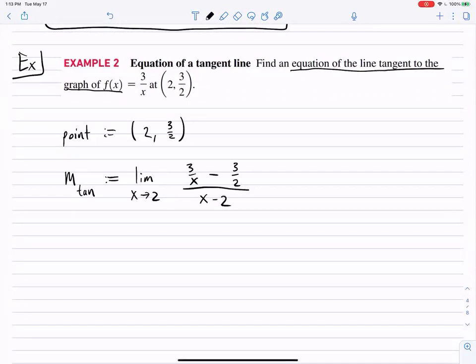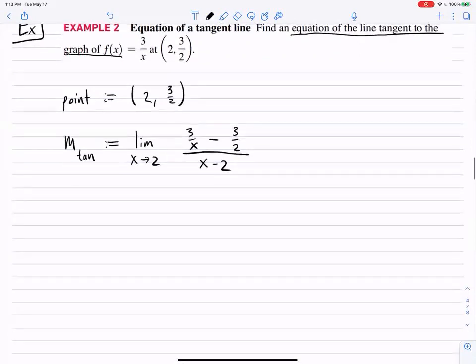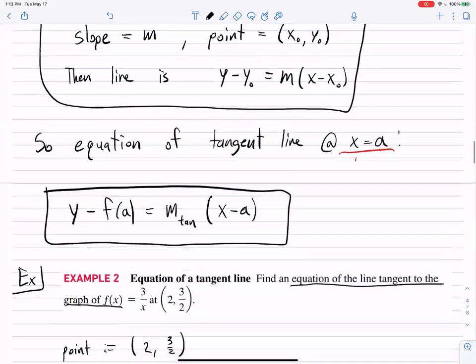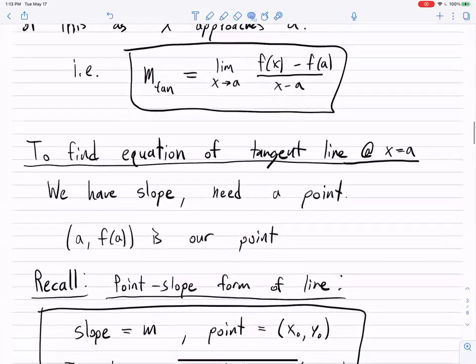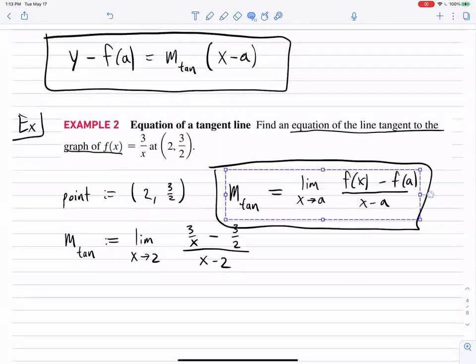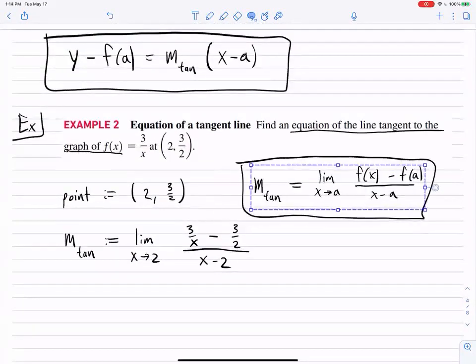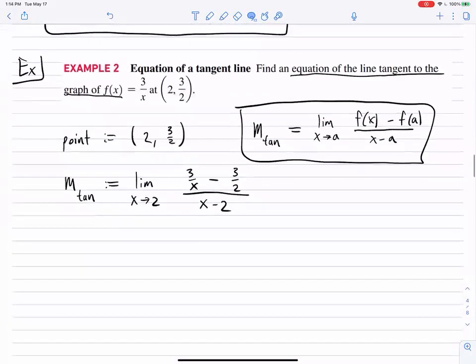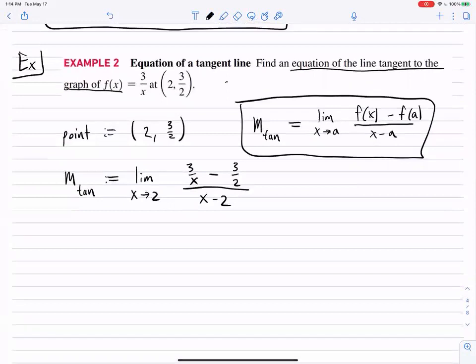That's the slope of the tangent line, because the slope of the tangent line is equal to the limit as x approaches a. In this case a is equal to 2, and f of x is equal to 3 over x. Plugging in those things, we get this.